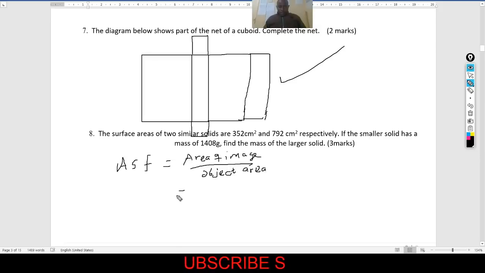So our area scale factor equals to image area, we take the 792 centimeter square out of 352. Now what you do, you put this as a fraction in the calculator, and then you press equals to, and then you will see the simplified.